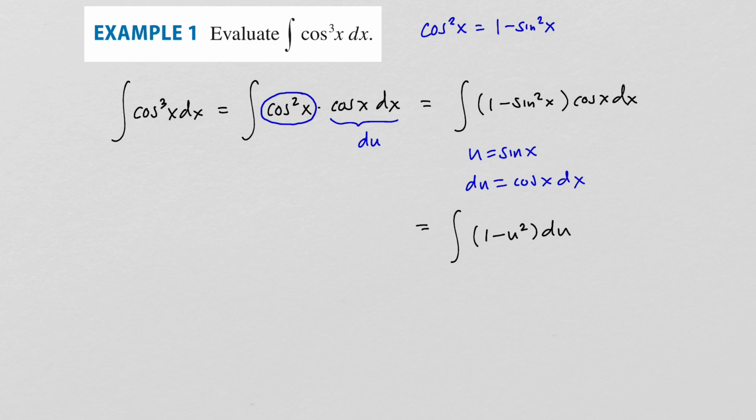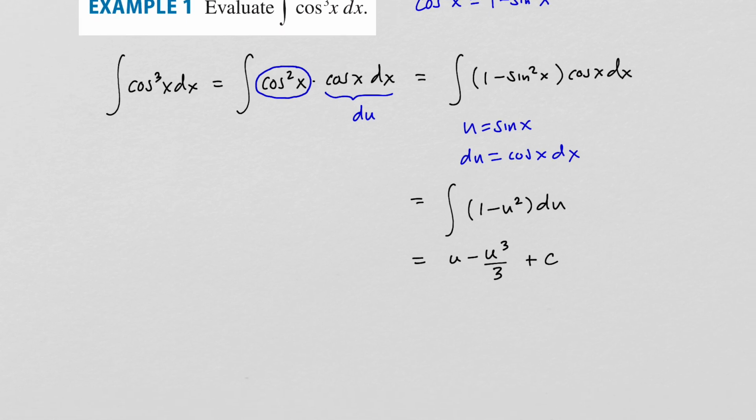And now we have a very simple integral to do. We know the antiderivative of 1 is simply going to be u, minus the antiderivative of u squared is u to the third power divided by 3, plus our constant of integration.